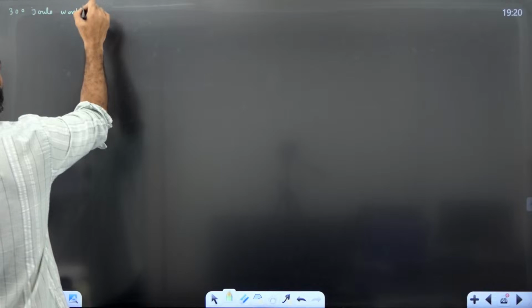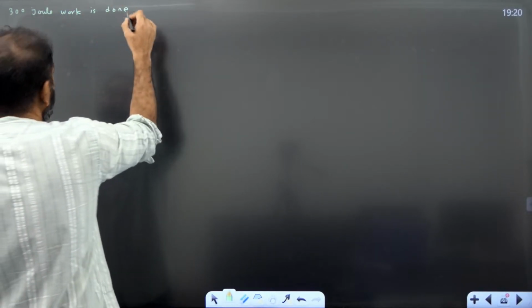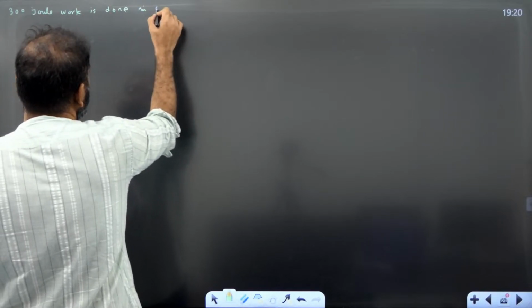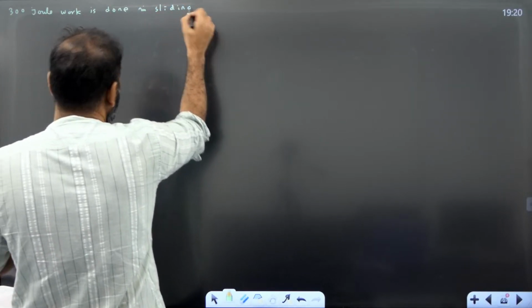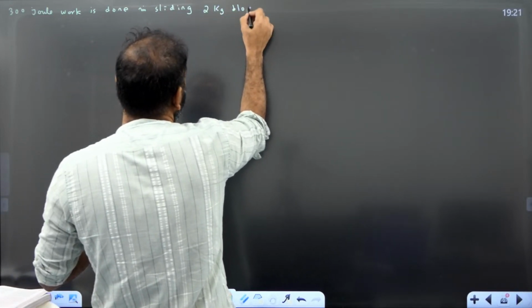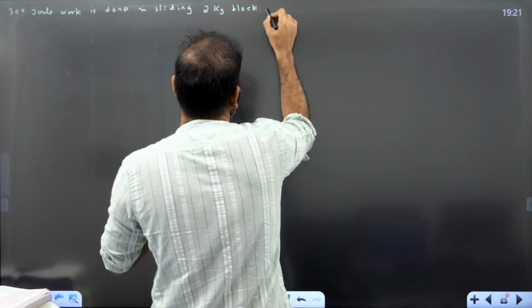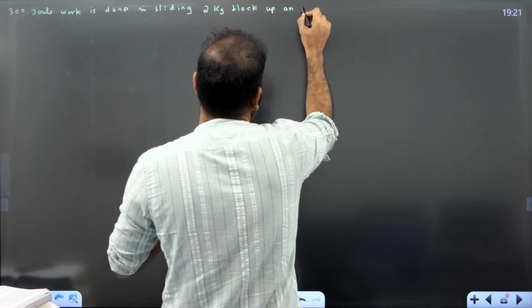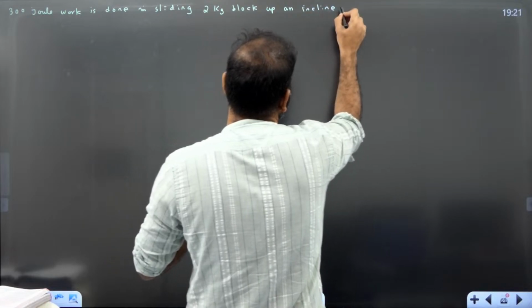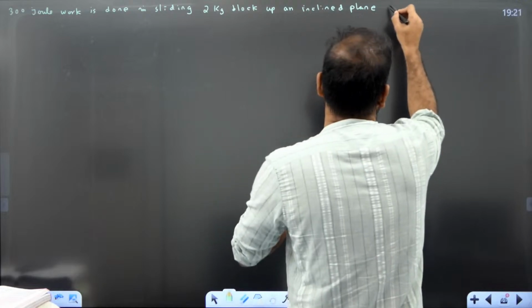300 joule work is done in sliding a 2 kilogram block up an inclined plane of height 10 meter.